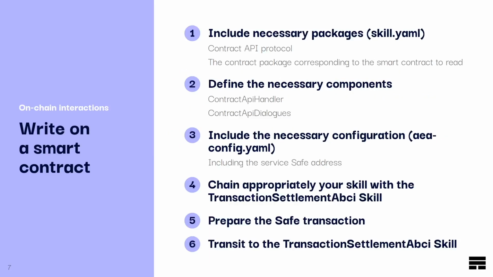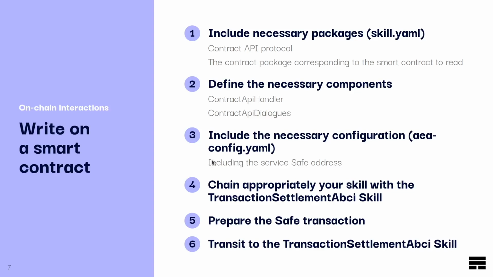The requirements for this operation are somewhat more complex than just reading from a smart contract. The first three steps are very similar. You need to include the contract API and the contract packages, define the components in your skill, and include the necessary configuration in the aea-config.yaml.